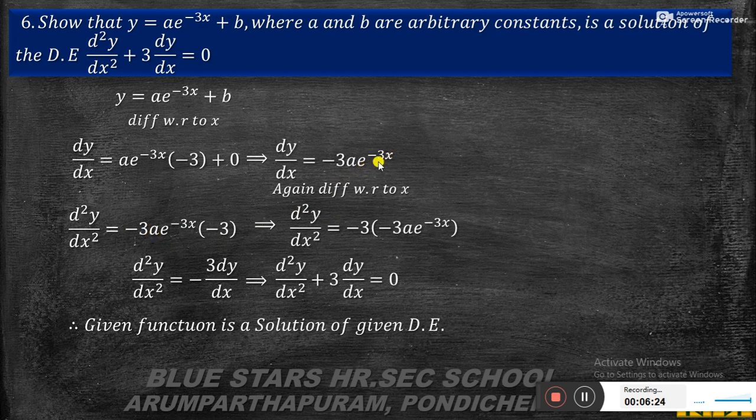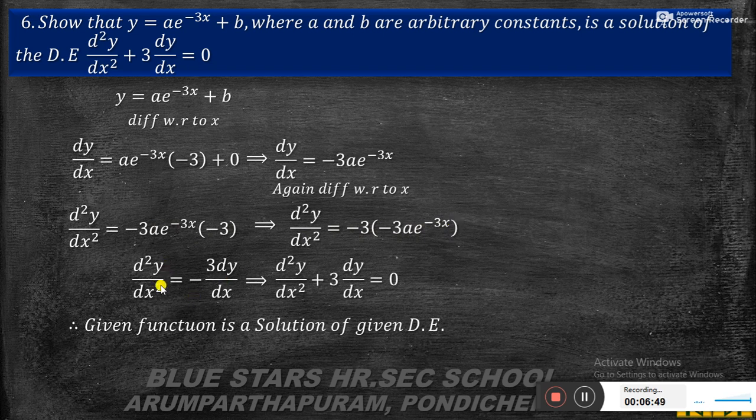The differentiation of e power minus 3x is e power minus 3x into minus 3, because for the differentiation of an exponential we write the same function e power minus 3x and differentiate the power, d by dx of minus 3x is minus 3. Which implies d square y by dx square equal to minus 3 into minus 3a e power minus 3x.